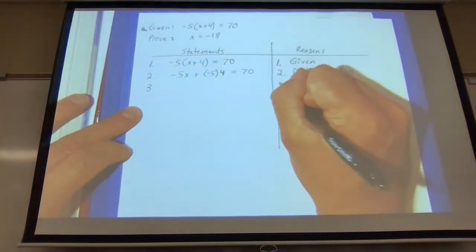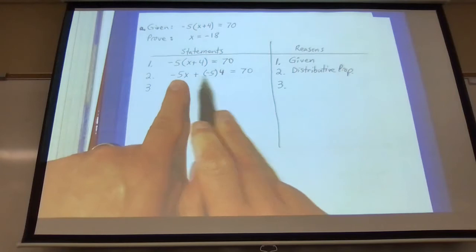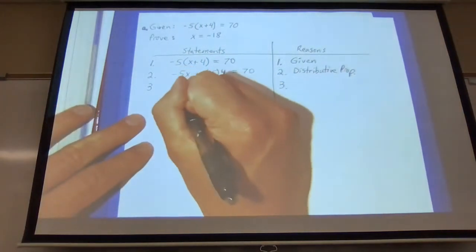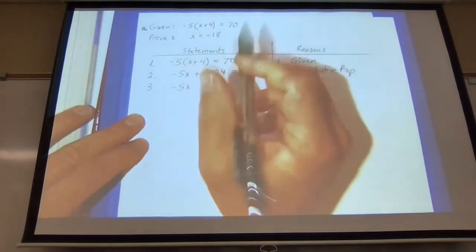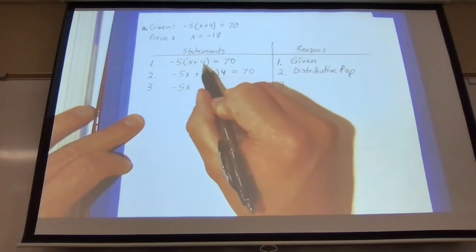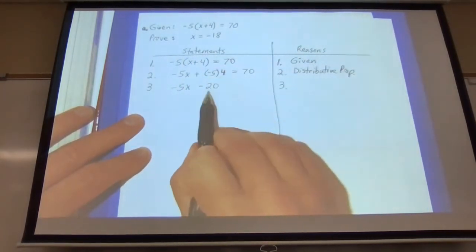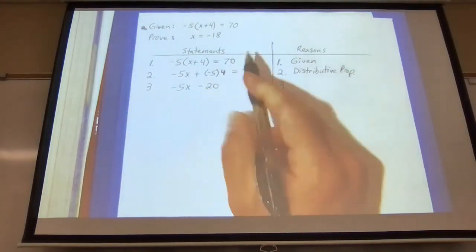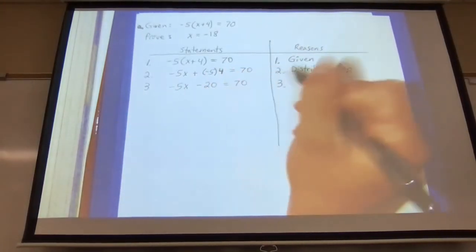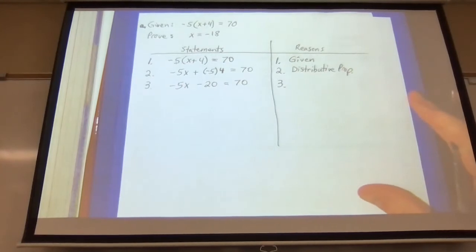Now, if this proof was done on Alex, Alex would skip this first step and go right to the next step. The -5x will stay a -5x. When you distribute the -5 times 4, you get -20. That -5 times 4 is -20. And we got 70 on the right.